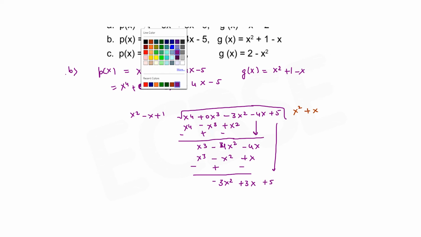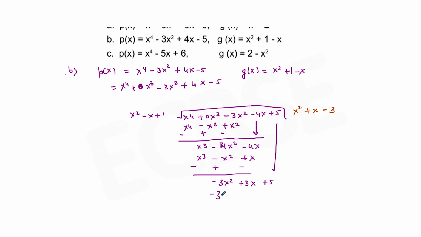So again dividing the first term of the dividend with the first term of the divisor, as the degree of the dividend is not less than the degree of the divisor, here the term will be minus 3, and then multiplying it, what we will obtain is minus 3x square plus 3x minus 3, and then subtracting it, we will obtain that it becomes equal to 8.